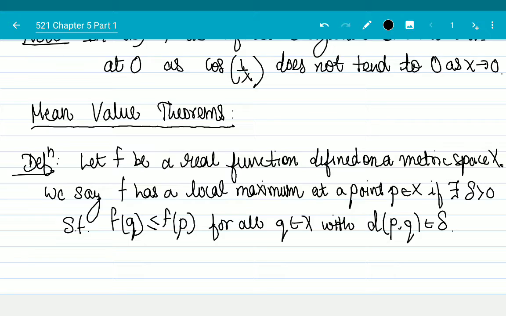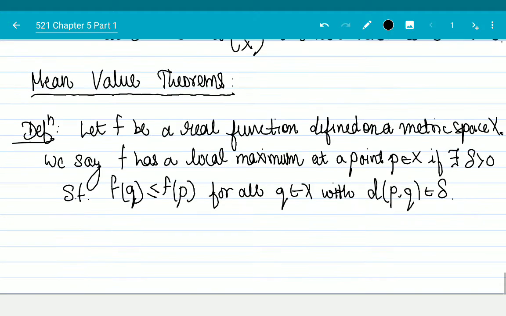Okay. Similarly, we are going to define local minimum. Okay.